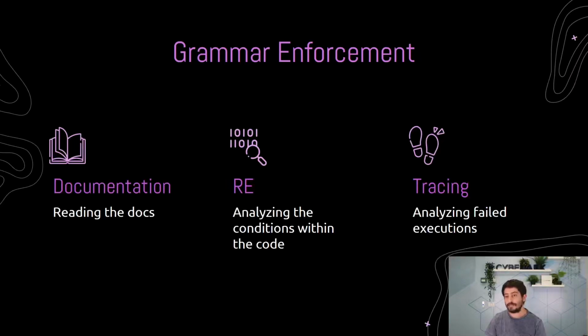Microsoft has great and vast documentation on RDP, and we got most of the grammar from it. And when that didn't work, we had to go to reverse engineering the code to see what is regarded as bad grammar. And when that failed, we had to trace the failed execution and find out what went wrong and how we can avoid that.